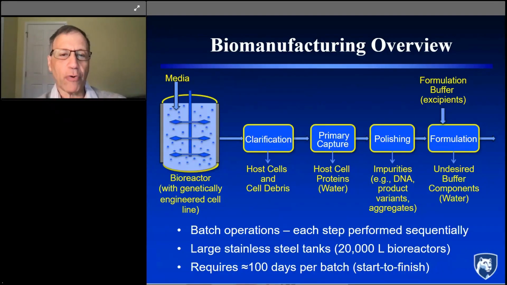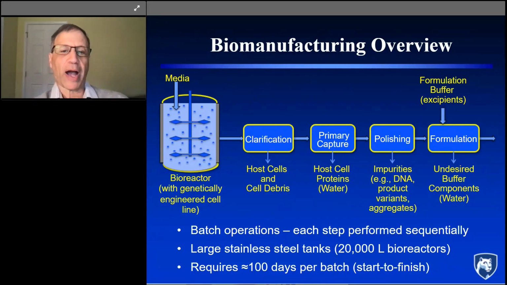So you would grow your cells and they would produce your product in the bioreactor. At the end of that process, you would clarify the entire suspension to remove host cells and cell debris. You would then take that entire batch of material and go through the primary capture step and then subsequently through polishing and formulation.